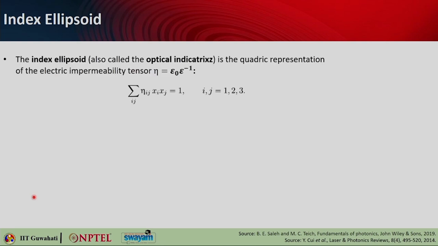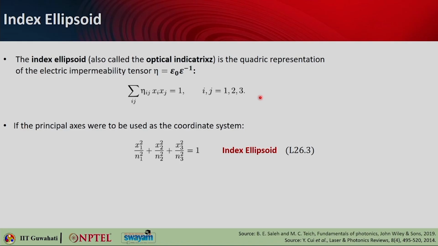The next important concept is called the index ellipsoid. Index ellipsoid is also called the optical indicatrix. This is a quadratic representation of the electric impermeability tensor, which is eta, and as you have seen, it is written as epsilon naught epsilon inverse. So, you can write this equation, the summation over ij eta ij xi xj should be equal to 1. What is ij? They are 1 to 3, they show the different directions.